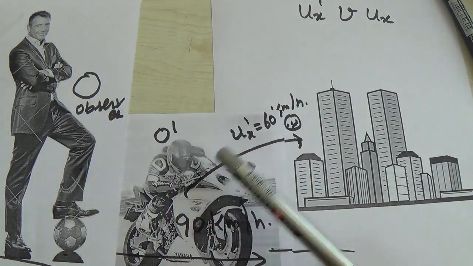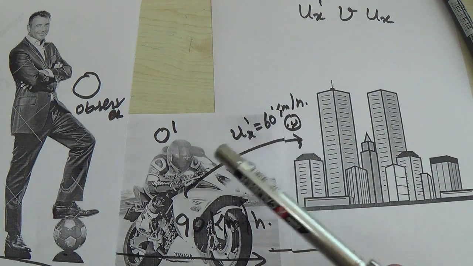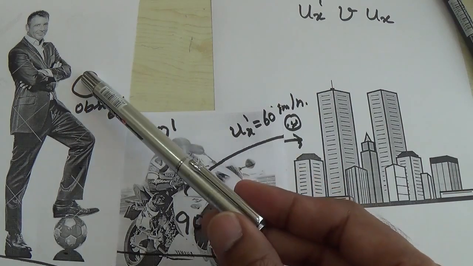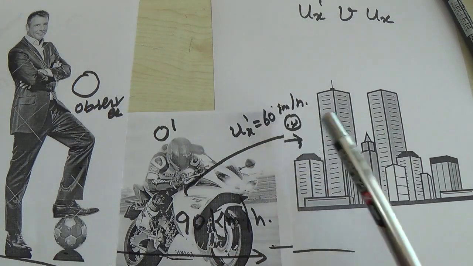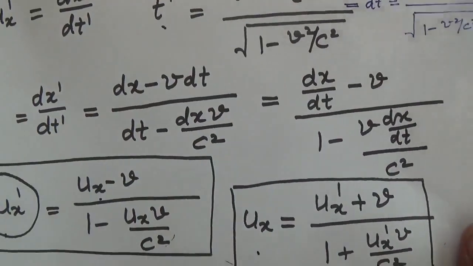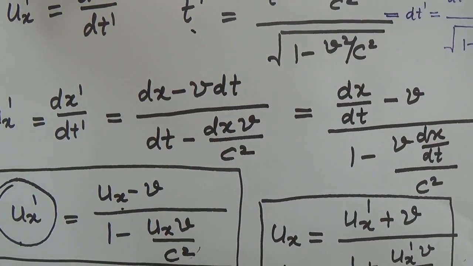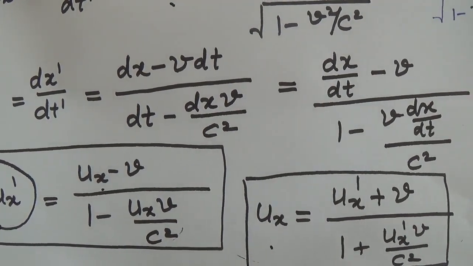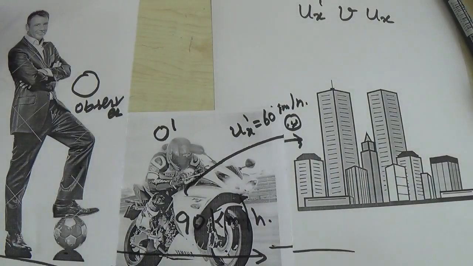The second observer, this man, throws a ball, and in his frame of reference that is considered ux prime. Here this man sees the speed of the ball as ux. You have seen earlier that there are only these two formulae, ux prime is equal to ux minus v, and ux is equal to ux prime plus v. It means there are only three variables, ux prime, v, and ux. If you know these, you can solve all these problems.